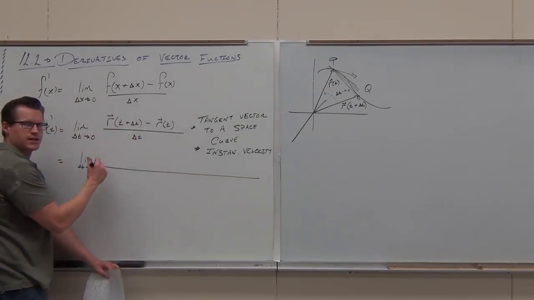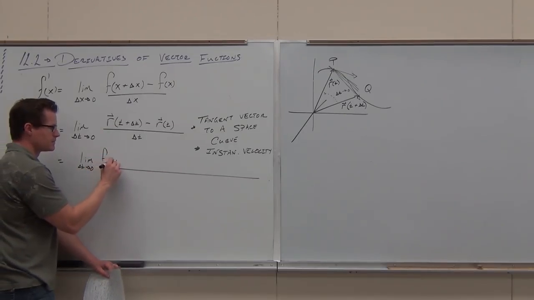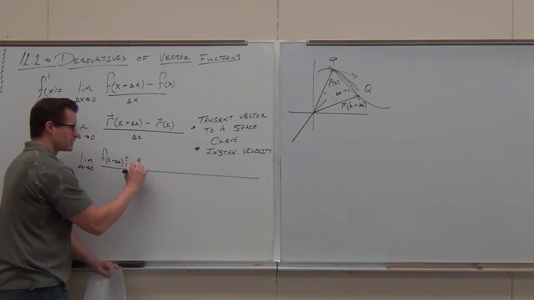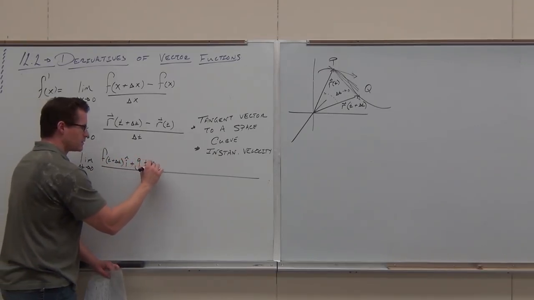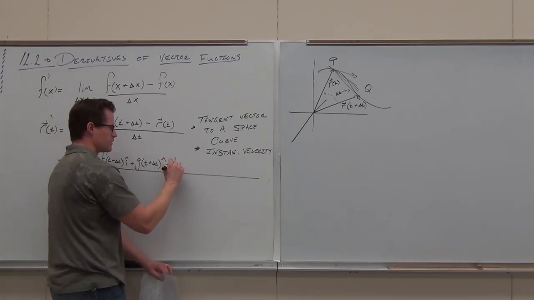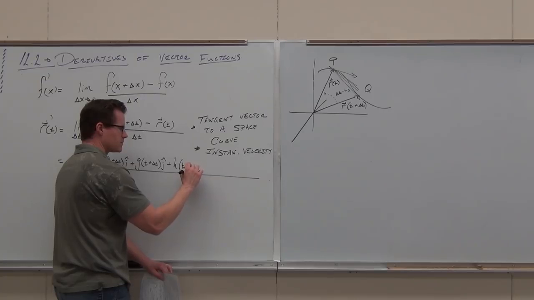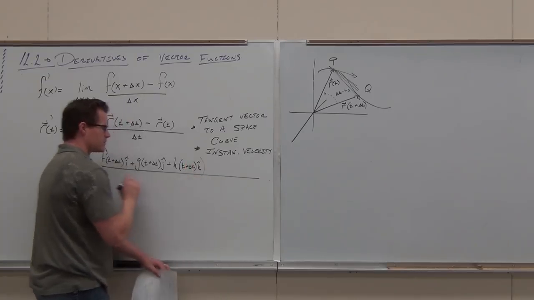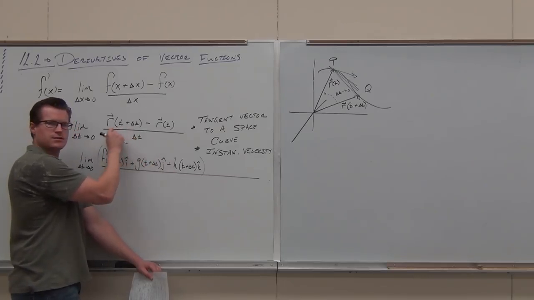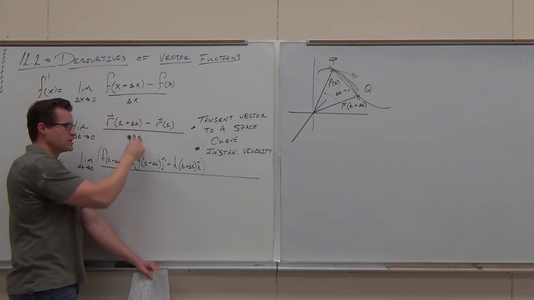A vector function is simply the x component, the y component, and the z component. This right here, I want you to see it. This is this vector function. It's f, g, and h.